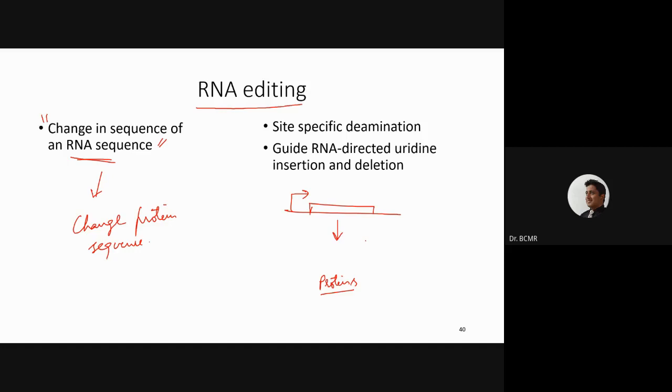The other way one gene can produce more than one protein is by RNA editing, and that is what we will discuss. There are two particular examples. One is site-specific deamination, which is basically modification of the nitrogenous base. The other one is guide RNA-directed editing.